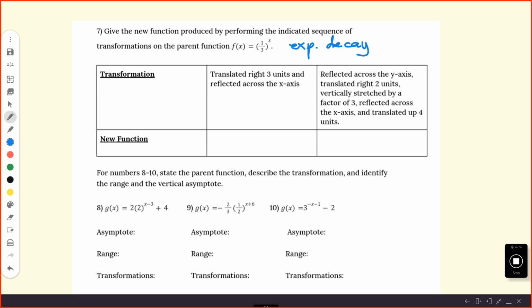So we have g of x equals. Okay, what is the transformation? Reflection across the x, so we have to put the negative sign in front of the base. So negative, and then 1/3 to the power of what? Right, x minus 3. So 1/3 to the power of x minus 3.